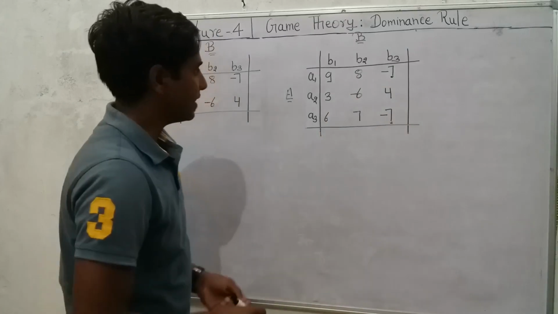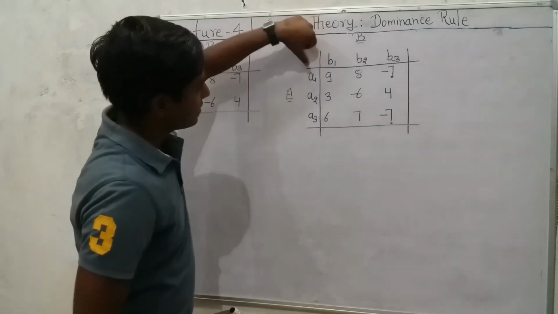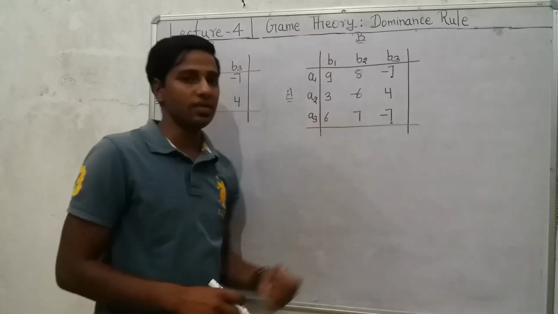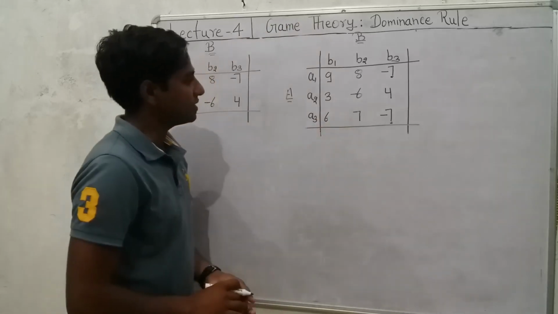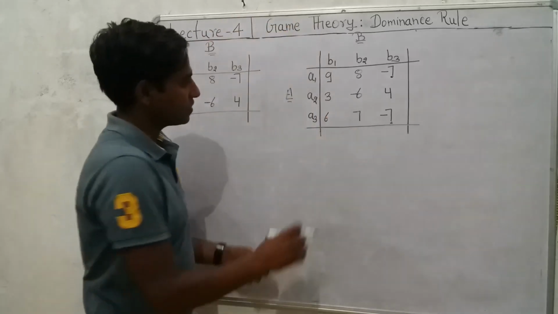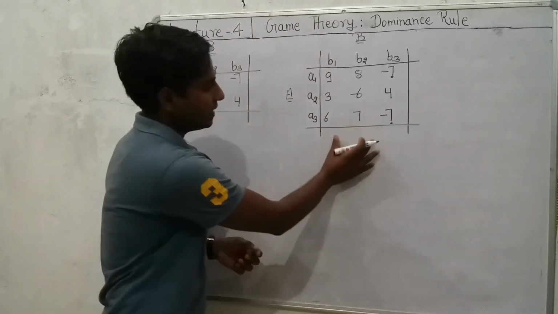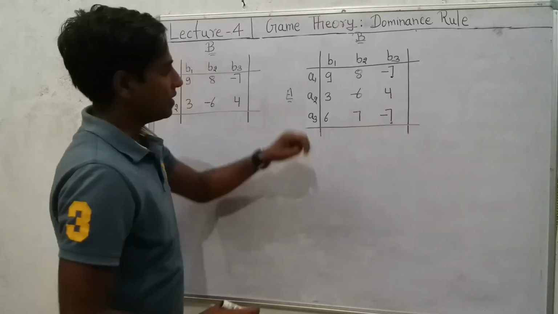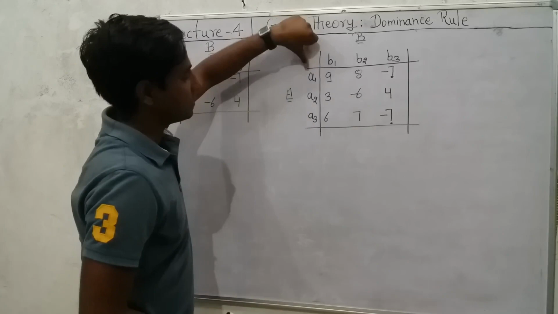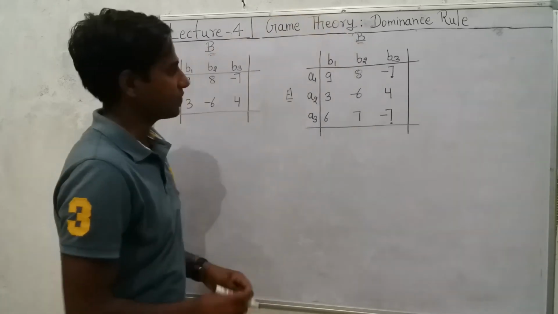So in this case, strategy A1 is dominating strategy A3. And what does it mean? It means that company A in any case is not going to adopt the A3 strategy. It is better for company A to adopt strategy A1 in every case.